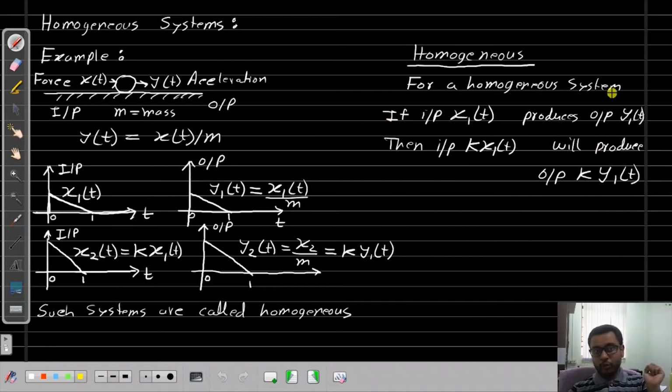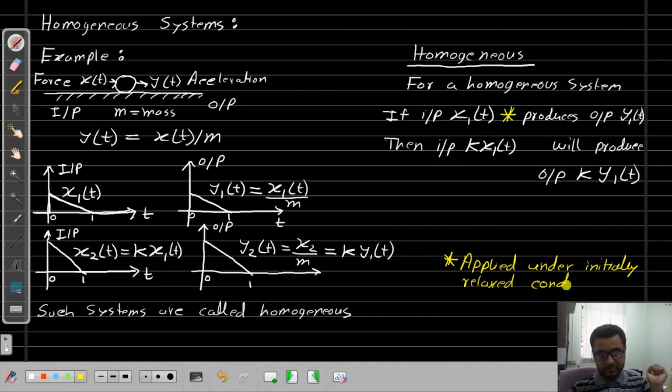I shall write, for a homogeneous system, if input x1(t) applied under initially relaxed condition produces output y1(t), then the input k x1, which is again applied under initially relaxed condition, will produce output k times y1(t).